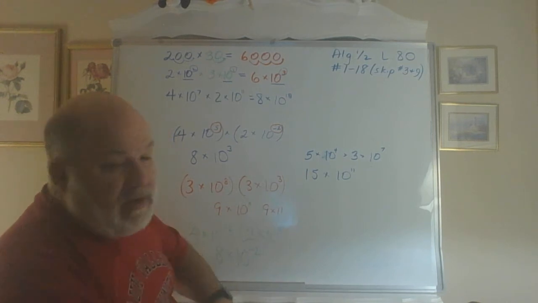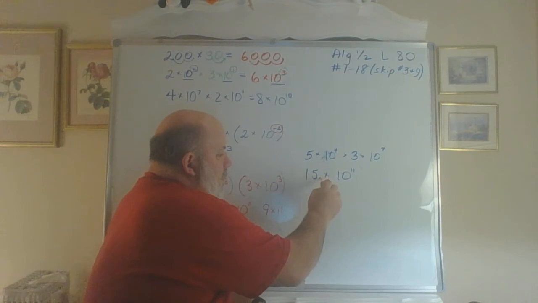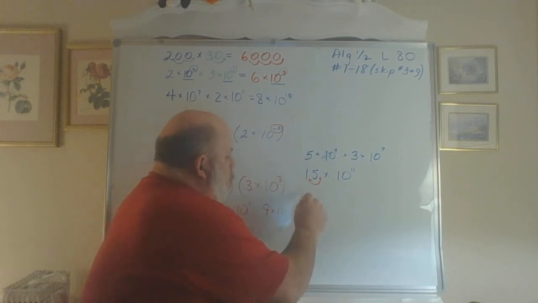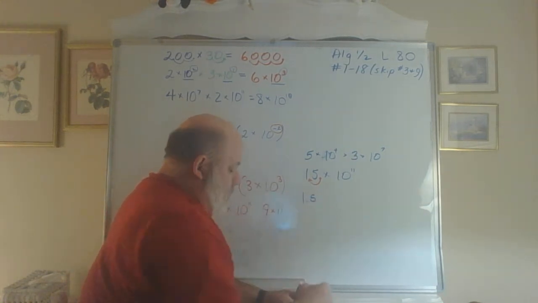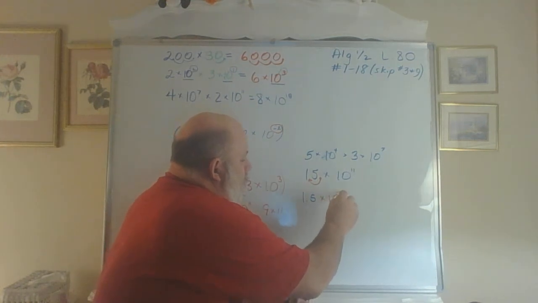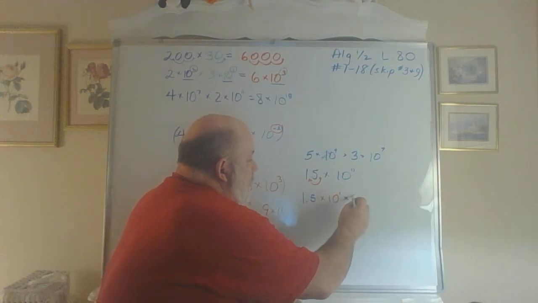In order for that to be scientific notation, here is your decimal. It must move right there. So this becomes 1.5 times 10 to the 1, because we moved our decimal one place, times 10 to the 11.